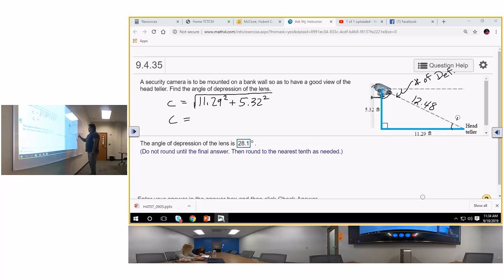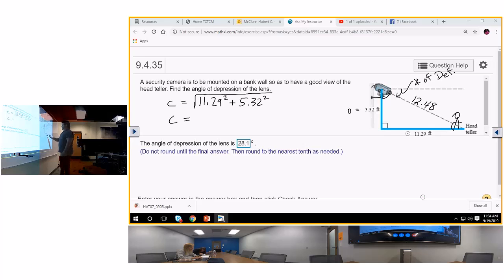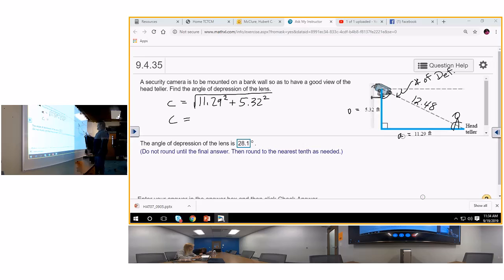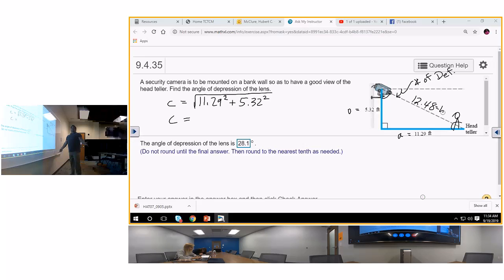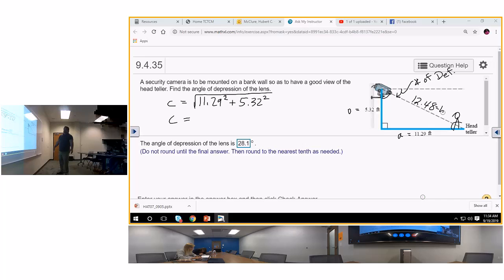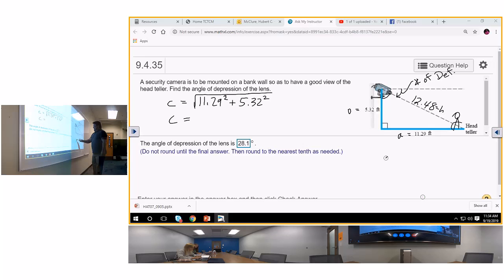So I'll do this one. There's my little man. So that means that's opposite, that's adjacent, and that's hypotenuse. I don't care, pick one. Sine. Sine of theta is equal to opposite, 5.32, over 12.48.